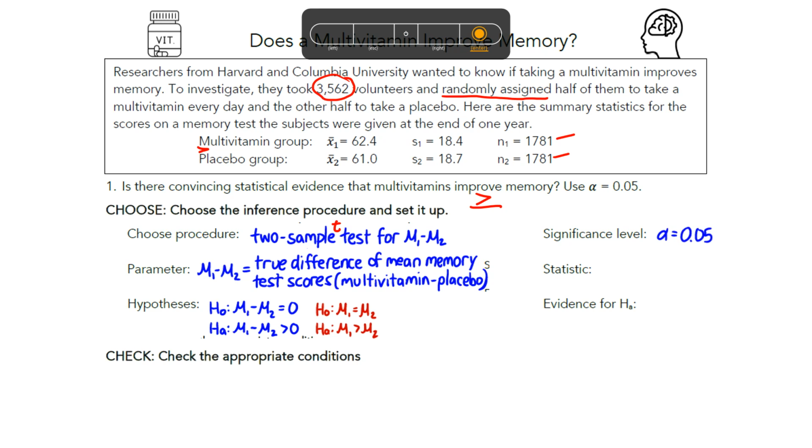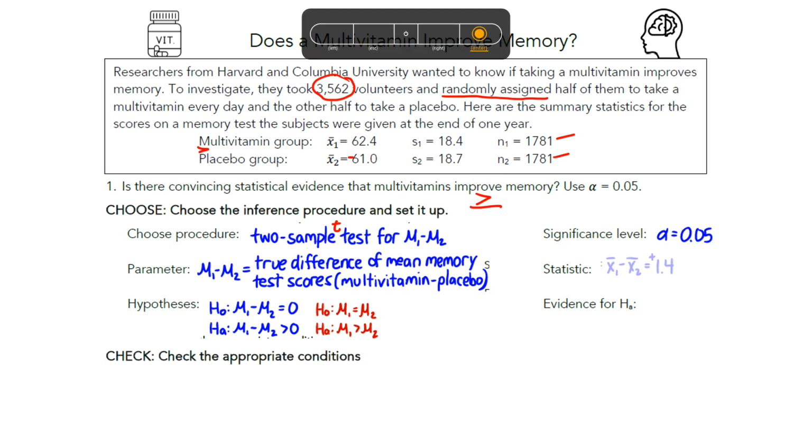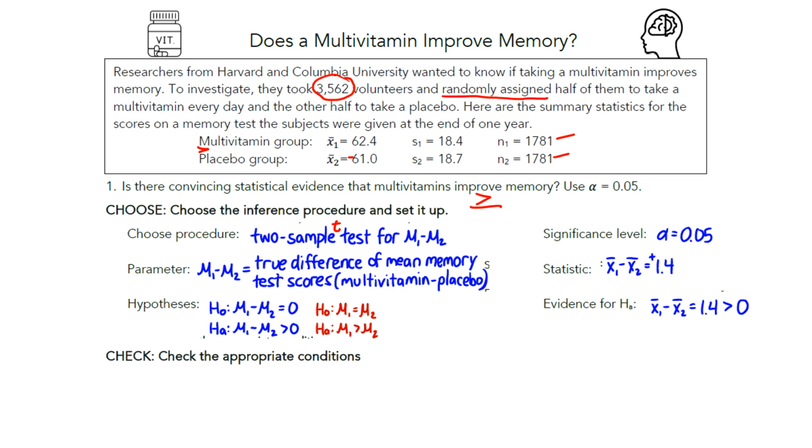Significance level, 0.05. Our statistic, we need to do 62.4 minus 61, and we're going to get 1.4. So we got a positive 1.4 difference, and that is our evidence that the multivitamin group was 1.4 points better than the placebo group.